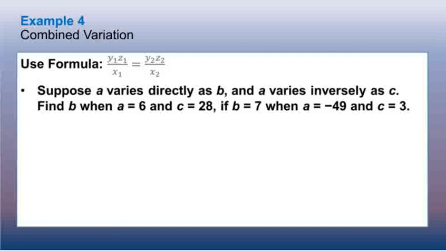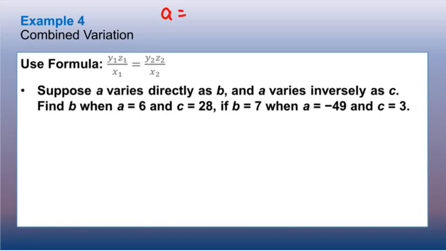Next, these are combined variation. Suppose A varies directly as B and A varies inversely as C. Find B when A is 6 and C is 28, if B is 7 when A is 49 and C is 3. To do this one, I would think of it this way.